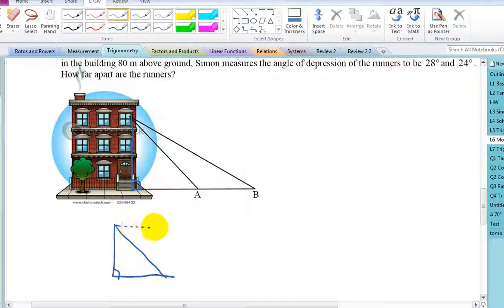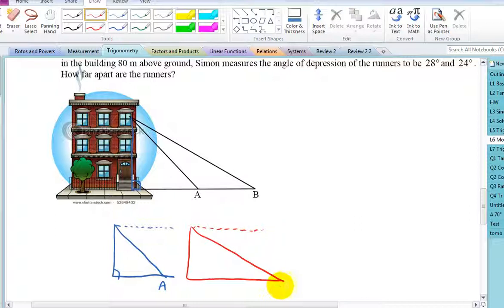And we're going to draw the horizon because we're talking about the angles of depression. And that will be A. Then I'll draw the other triangle, B. It's going to be the same height. Whoops, use a different color. Same height, but a bit longer. And there's the angle, the horizon.